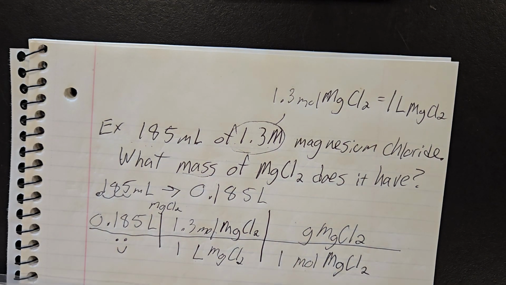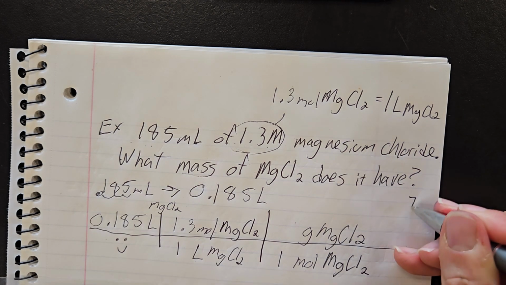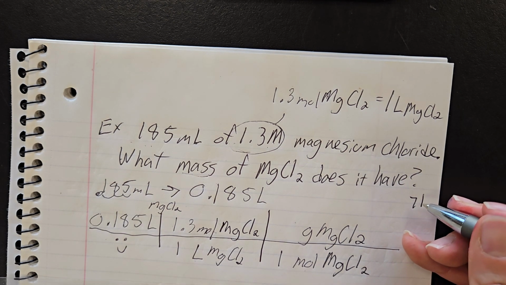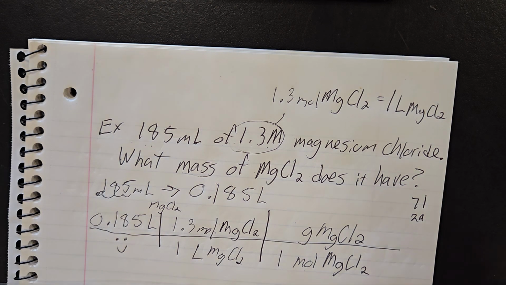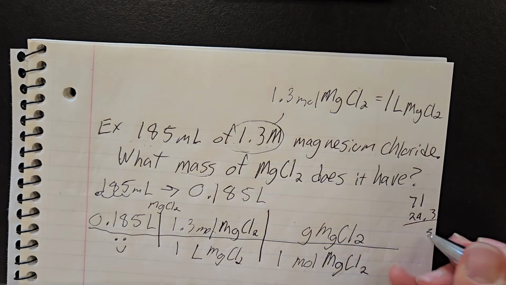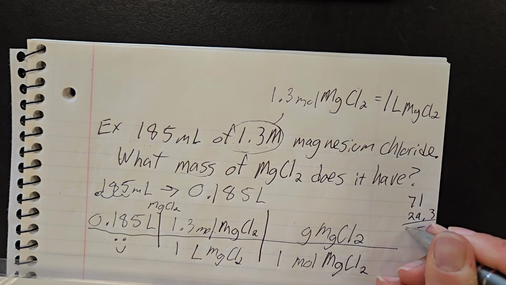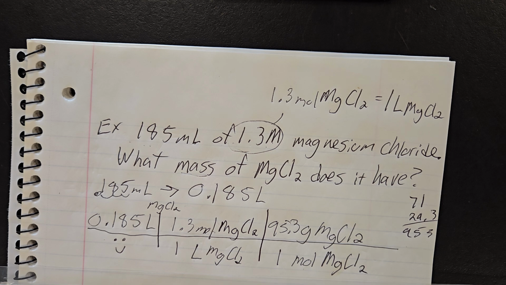I'll be honest, I didn't bring a calculator, so we're going to wing it. 2 chlorines should be about 71, and a magnesium is about 24.3, so that's about 95.3.